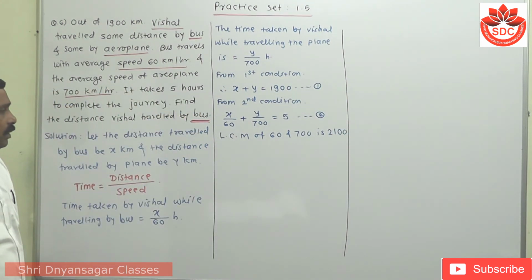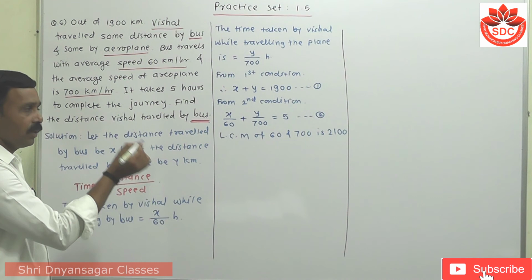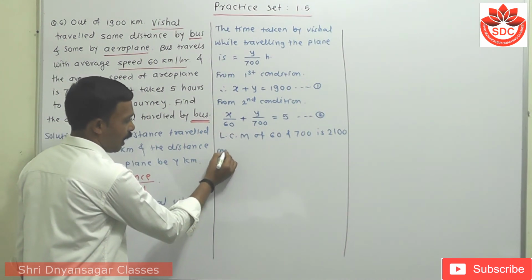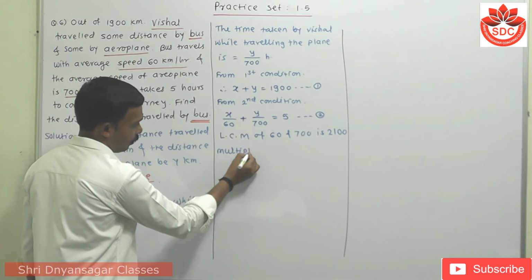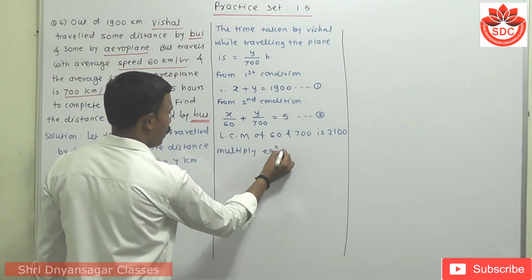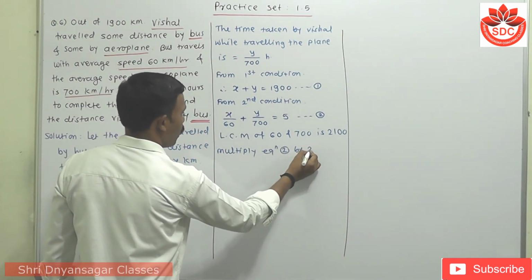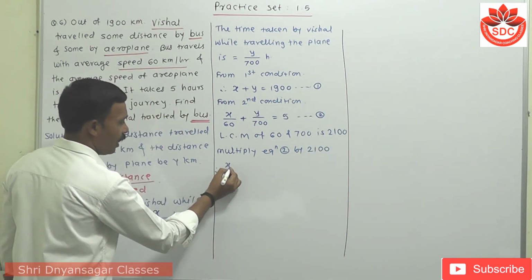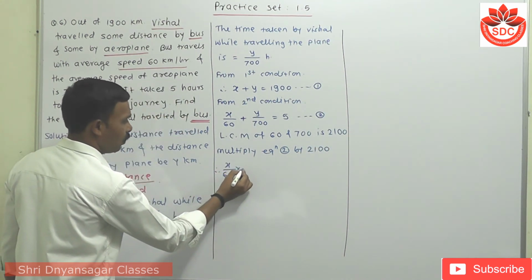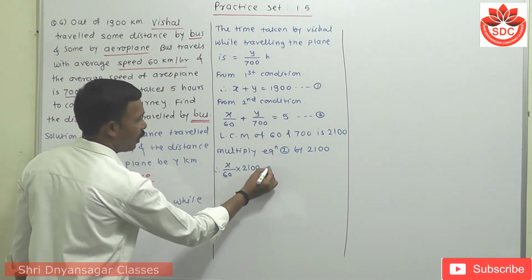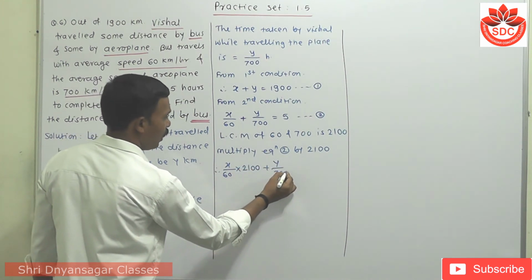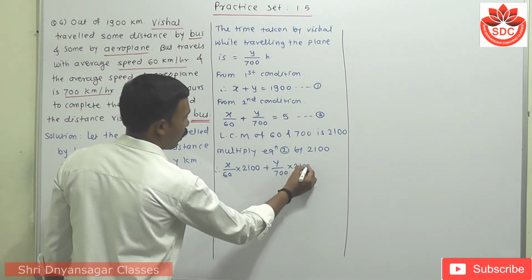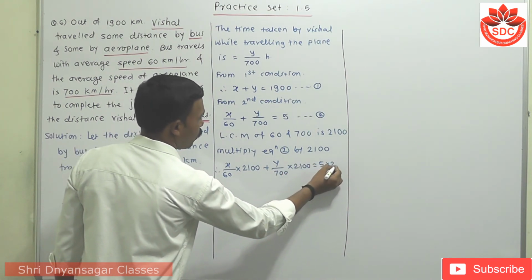Now we multiply this 2100 to the second equation. So I write: multiply equation second by 2100. x upon 60 into 2100 plus y upon 700 into 2100 is equal to 5 into 2100.